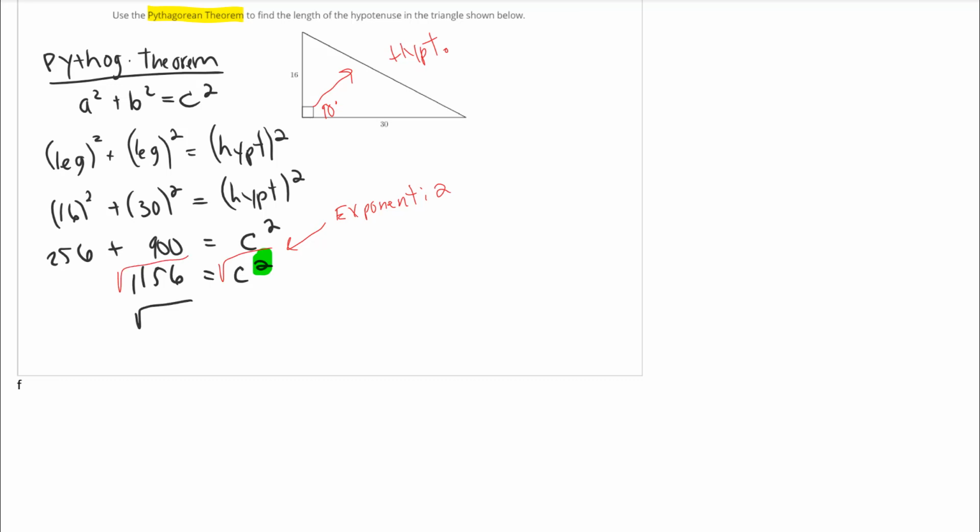So now I have the square root of 1156 is equal to c. Because what ended up happening is that the square root and the square cancel each other out.